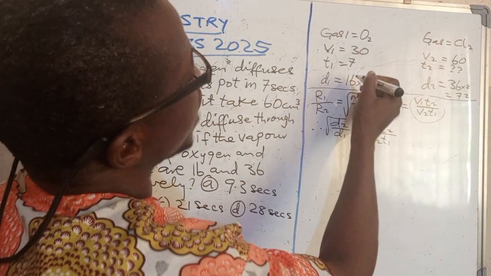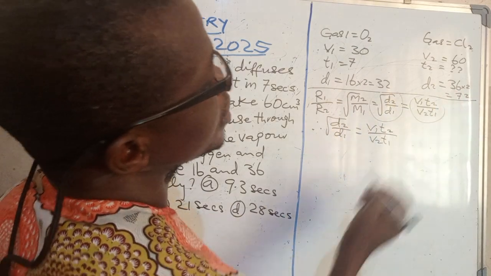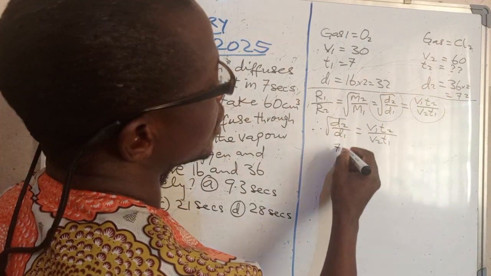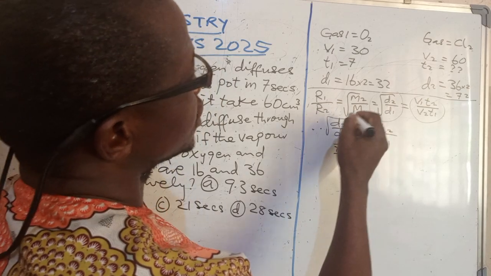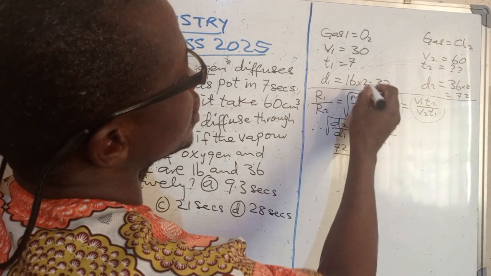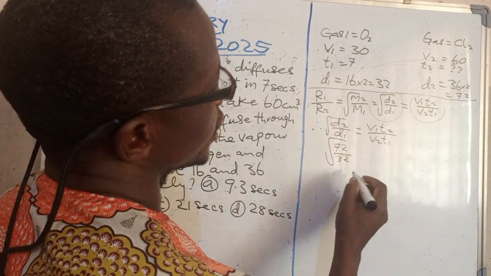What is my D2? D2 is 72, all over D1 which is 32, on the root, don't forget.